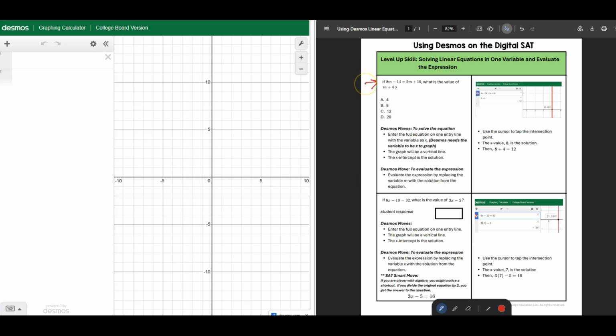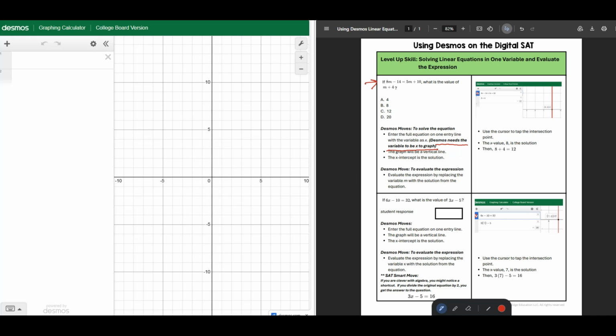Example: if 8m subtract 14 is equal to 5m plus 10, what is the value of m plus 4? The first thing you need to know is that Desmos needs the variable to be x to graph.